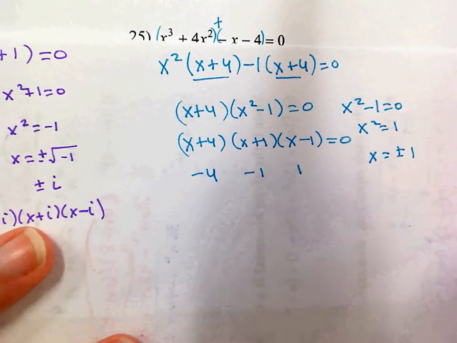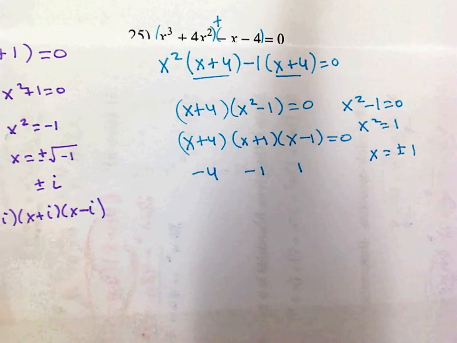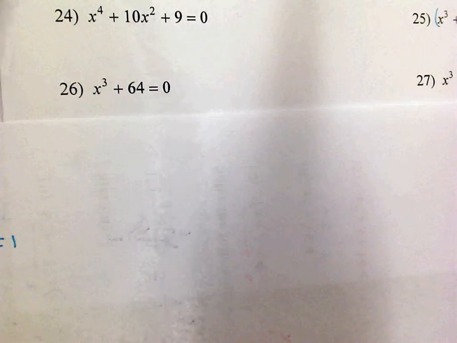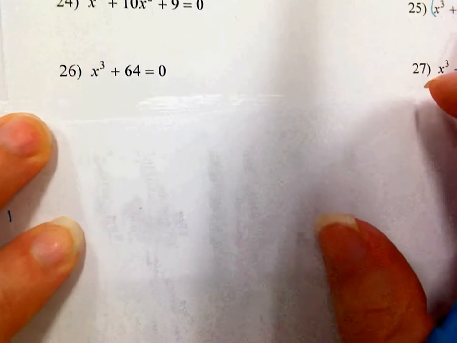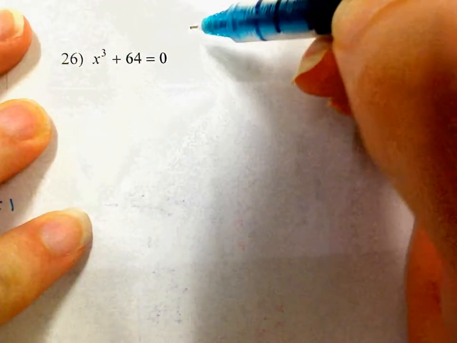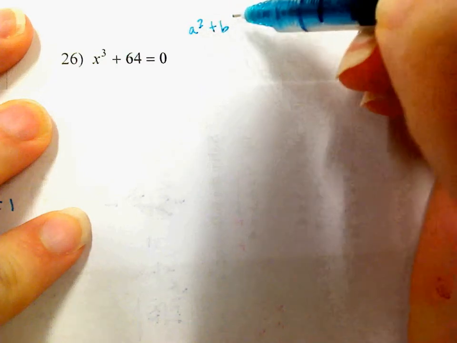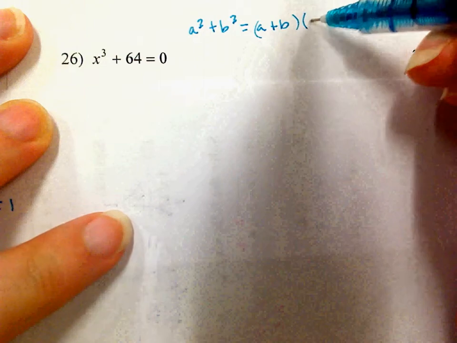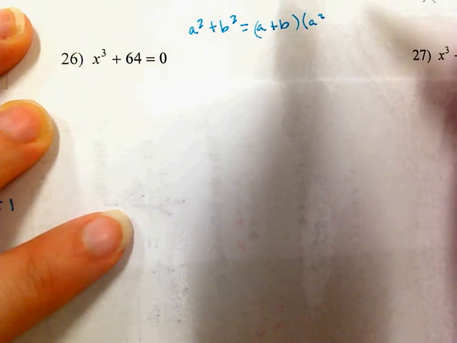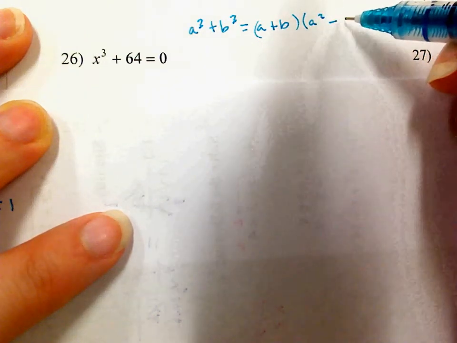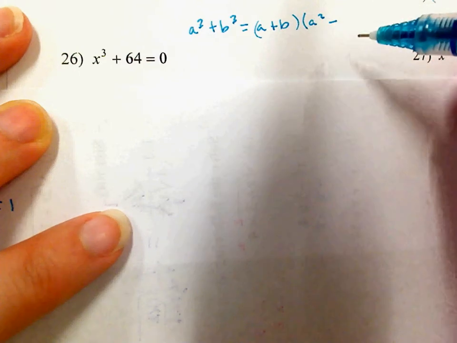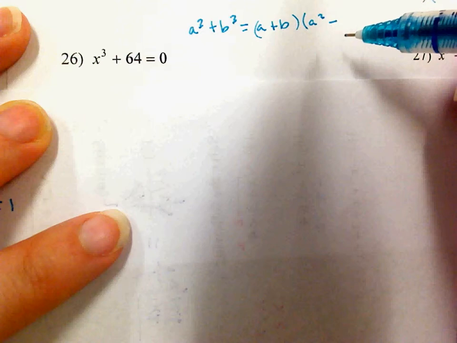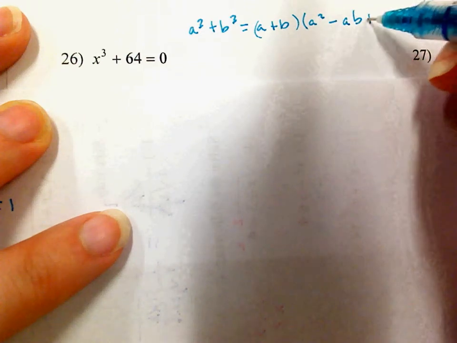Now 26 requires you remembering the sum and difference of perfect cubes. So a cubed plus b cubed equals a plus b times a squared minus, is it 2ab or ab? Minus ab plus b squared. Let me make sure real quick. a cubed minus a squared b.